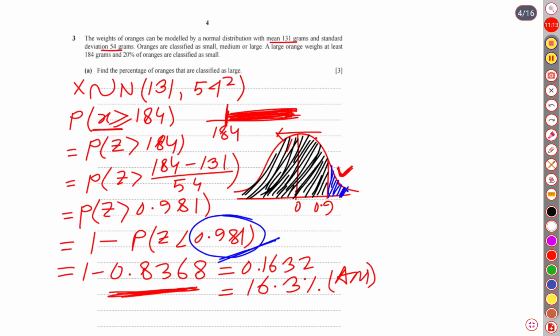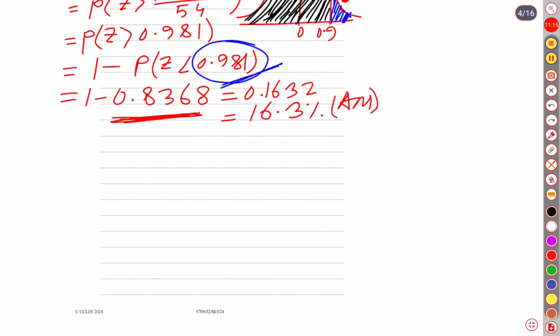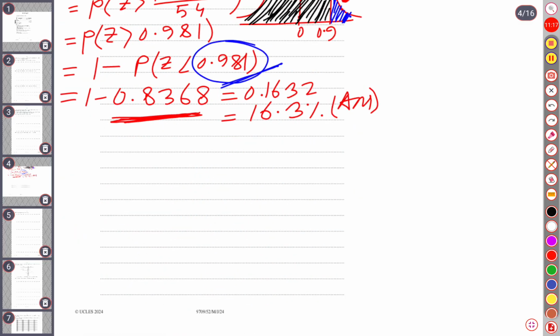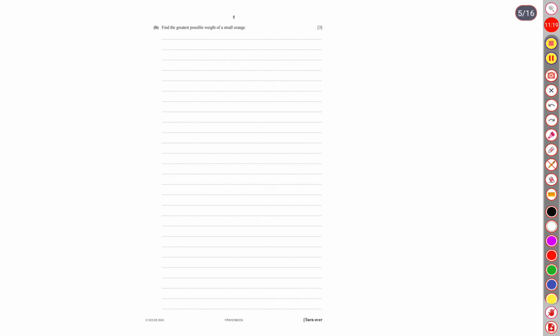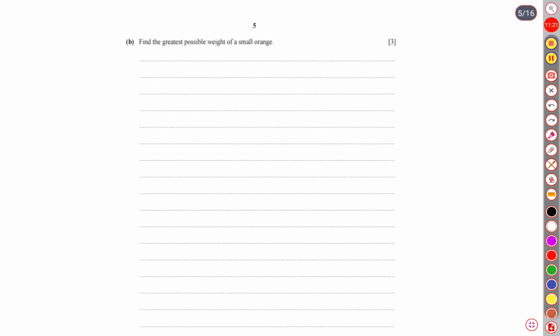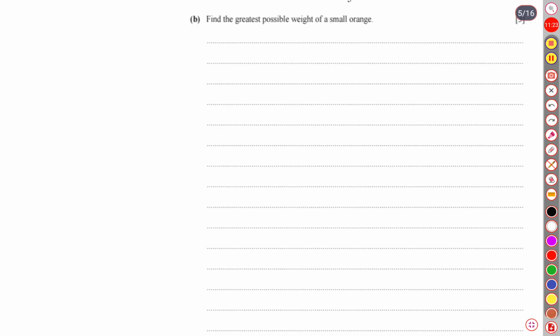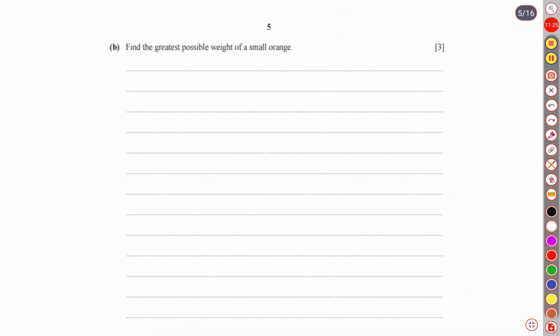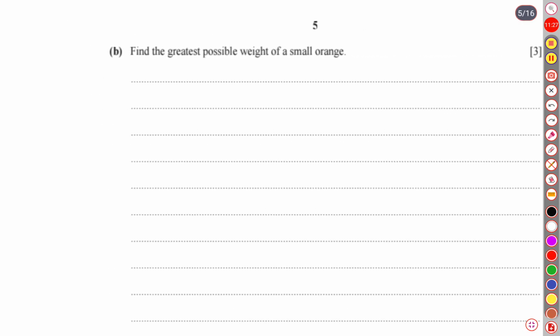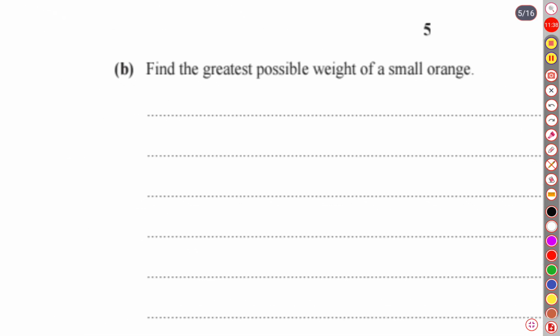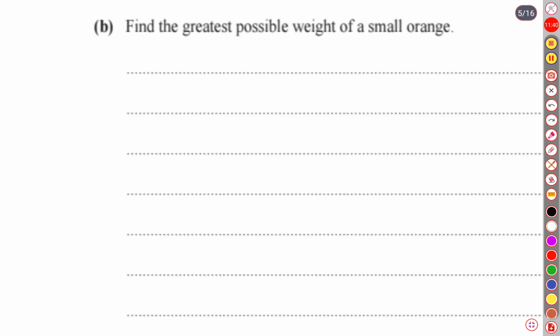What does question number b say? It's on the next page. Question number b says, find the greatest possible weight of a small orange. Still we are under the same normal distribution, so we can write here that X belongs to normal distribution.